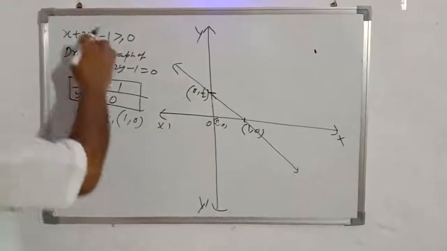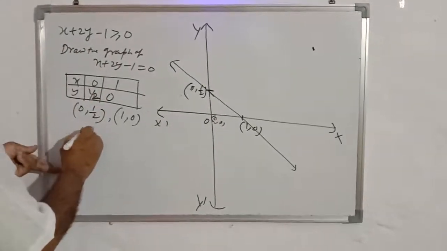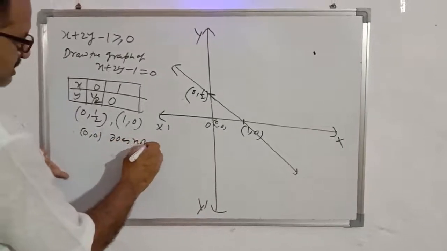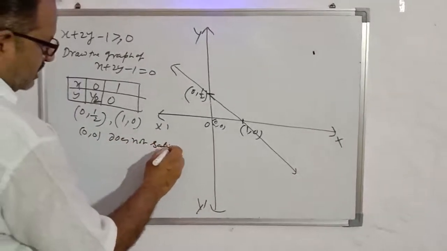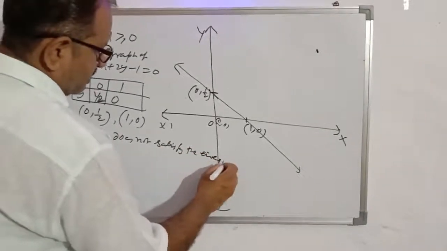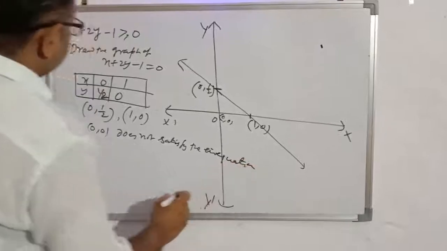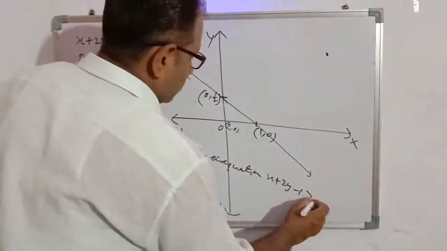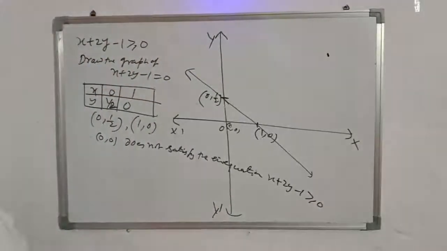So check the origin. 0, 0 does not satisfy the inequation x plus 2y minus 1 greater or equal to 0.